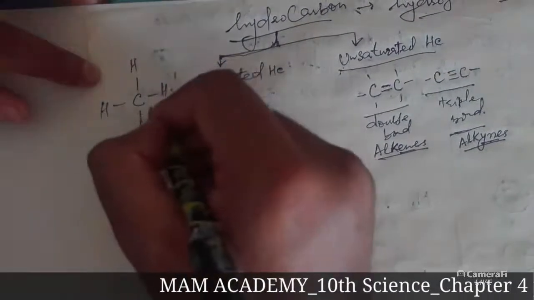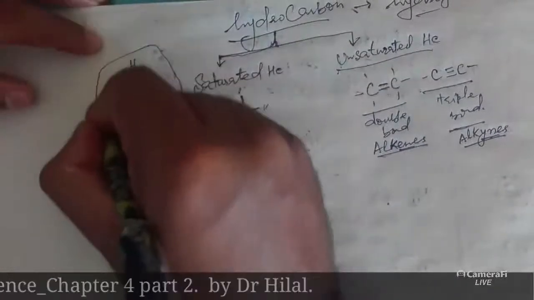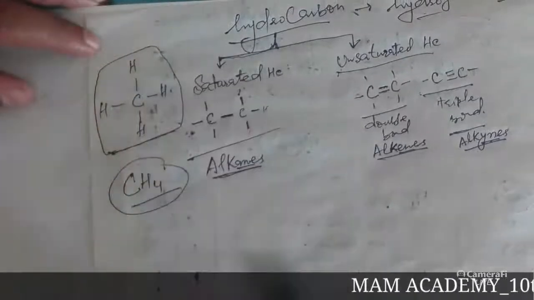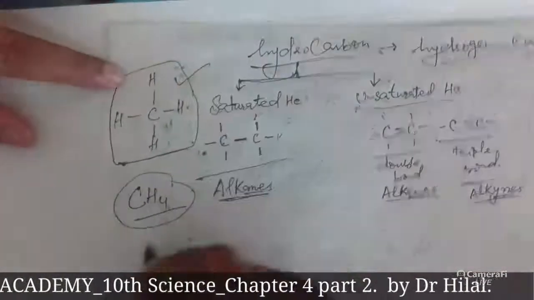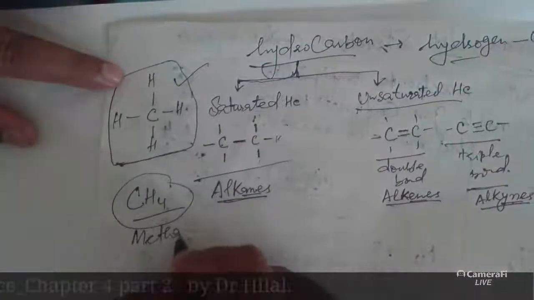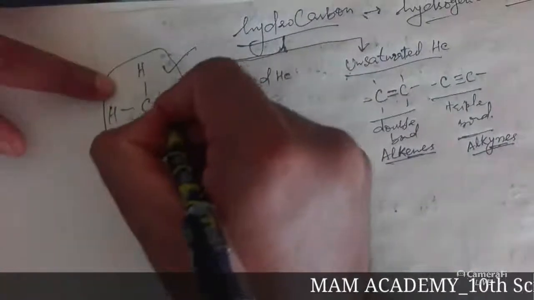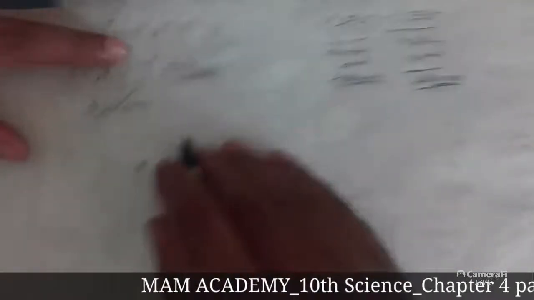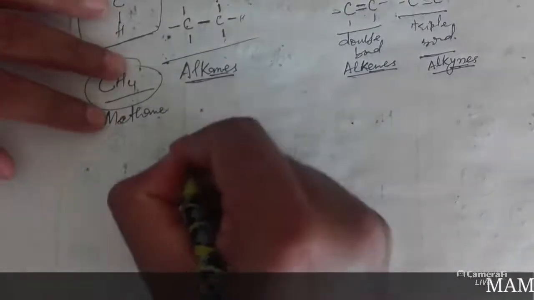But in the structural formula, we draw the bonds also, showing how those atoms actually look in this compound. Okay, this is the structural formula of methane. Here we can make the electron dot structure also. For example, let me draw the electron dot structure of methane. This is one carbon, and these are hydrogens here.